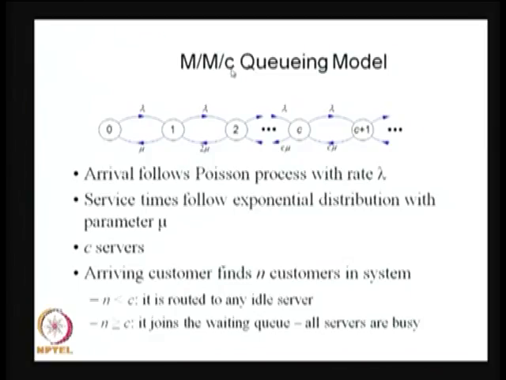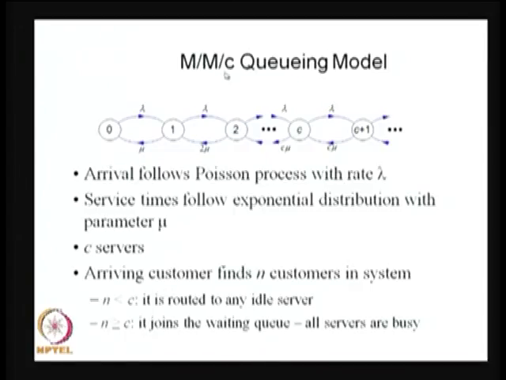And we have more than one server. Suppose the number of servers is C, where C is a positive integer, and all the servers are identical, and each server is doing the service, which is exponentially distributed with the parameter mu, independent of all other servers, and the service time is independent of the inter-arrival time also.